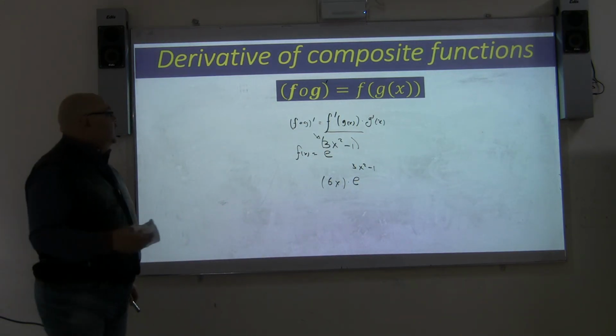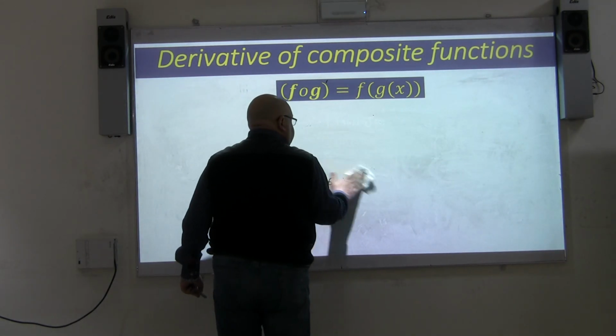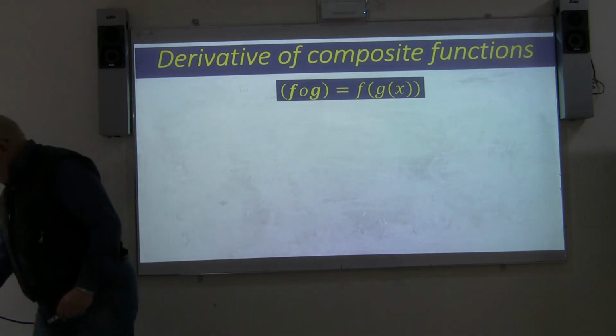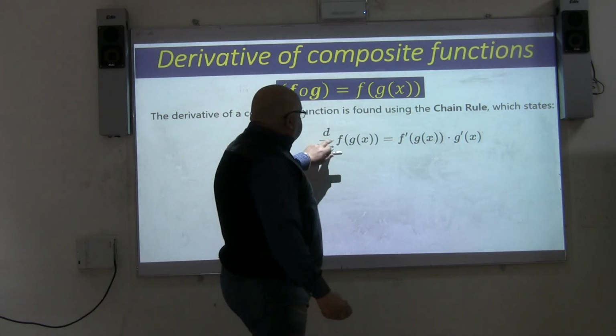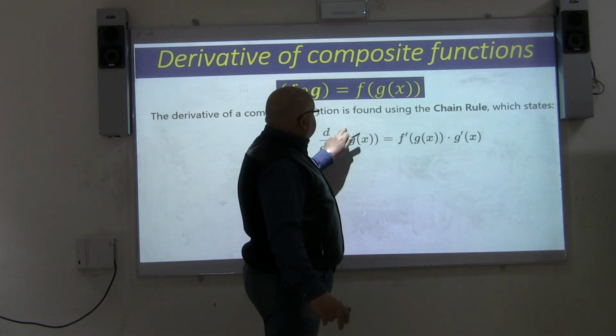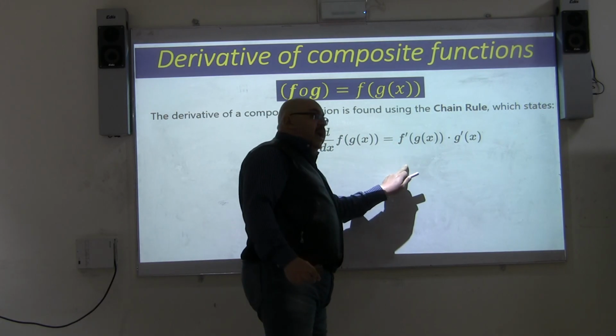But sometimes it will be confusing, especially if you put everything all together, like the problems that I will get you to see. So once more, here we go. If you want to differentiate d by dx of f of g of x, all you have to do is get the derivative of the outer function times the derivative of the inner function.